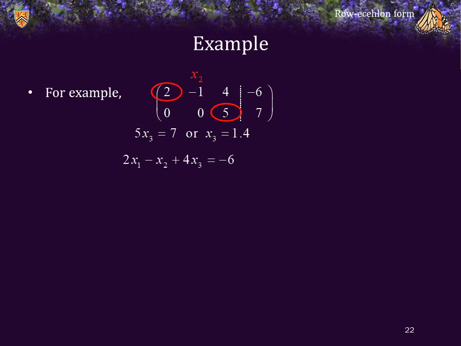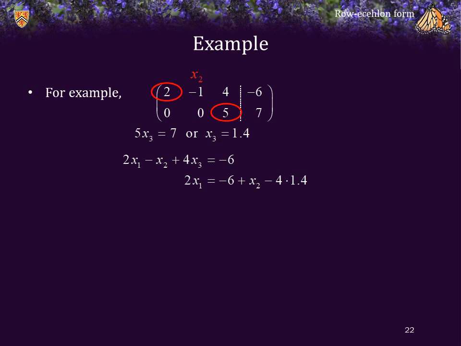Alright, x2 is a free variable, so it can take on any value we want, so we will bring that to the right hand side, and we have already solved for x3, so we will substitute that value in, and again also bring that to the right hand side. Consequently, this equation says that 2x1 is equal to -6 plus x2 minus 4 times 1.4.